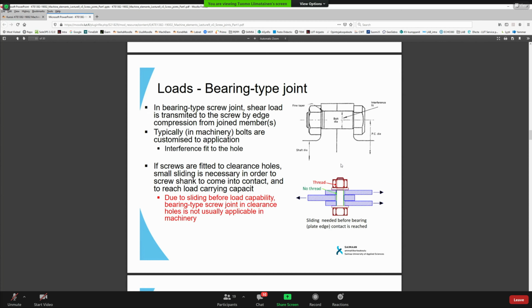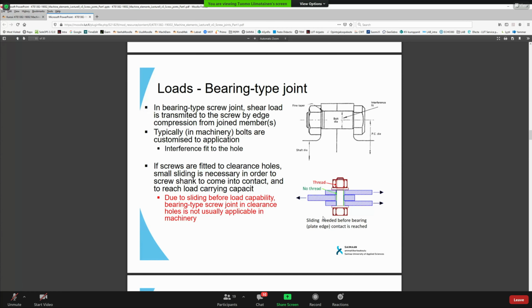If you look at this lower picture, there is some clearance between the shank of the bolt and the free hole. You understand that before the bolt can carry any load, these clearances have to go to zero. So when the load is applied to these two plates on the right-hand side, there has to be contact between here and here, and also on the other side, over here.